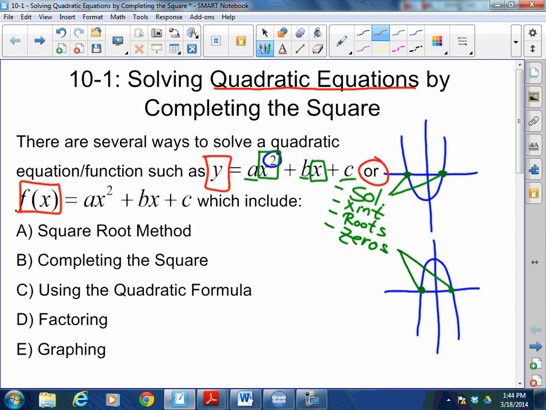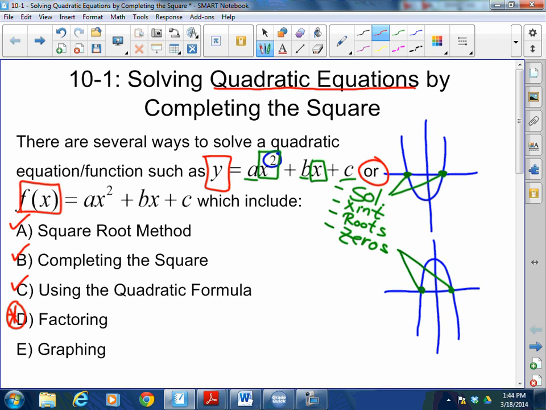Okay, cool. Now, there are 5 ways to solve these. Square root method, we're going to learn today. Completing the square, we're going to learn today. Using the quadratic formula, we're going to learn that tomorrow. Factoring, we've already done. We know how to factor difference of squares, trinomials where the leading coefficient is 1, and trinomials where the leading coefficient is greater than 1.